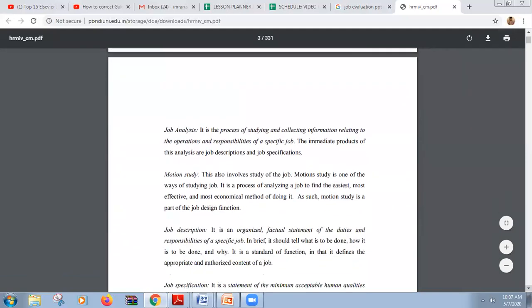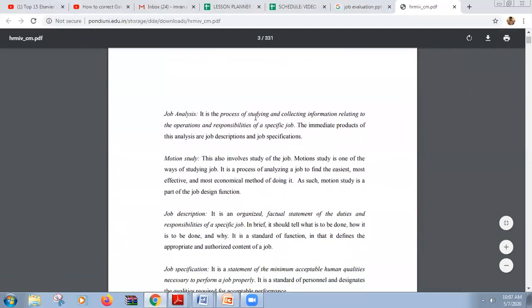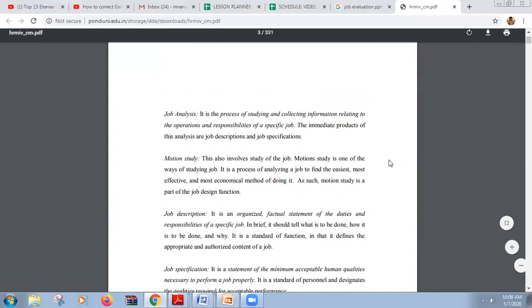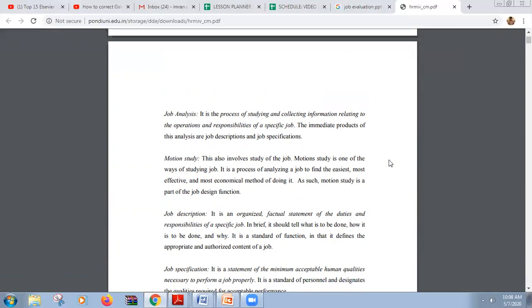Job analysis is the process of studying and collecting information relating to the operations and responsibilities of a specific job. As I told right now, if we have to perform drilling in a metal sheet part, we have analyzed that this whole process takes 3 minutes. If a person takes approximately 3 minutes, then it's okay.